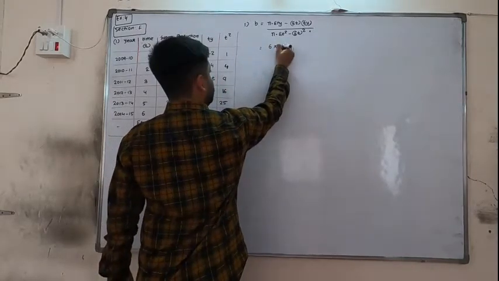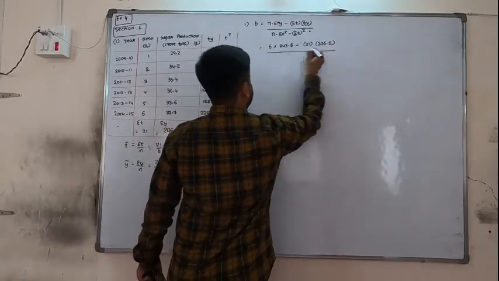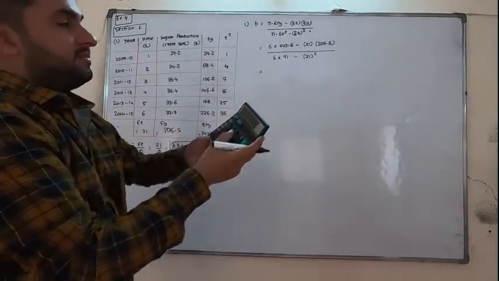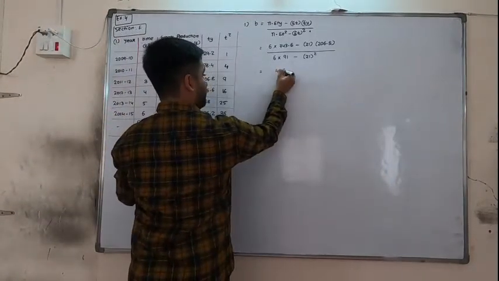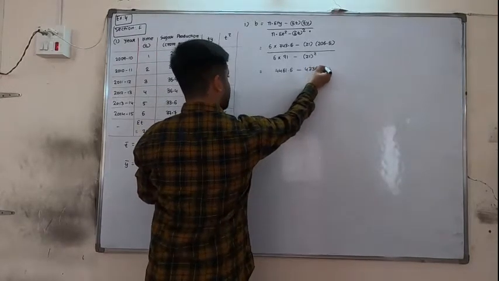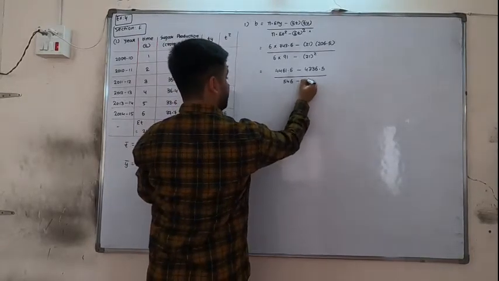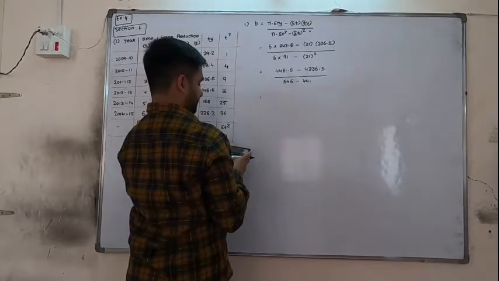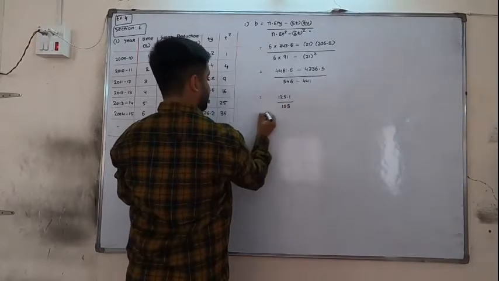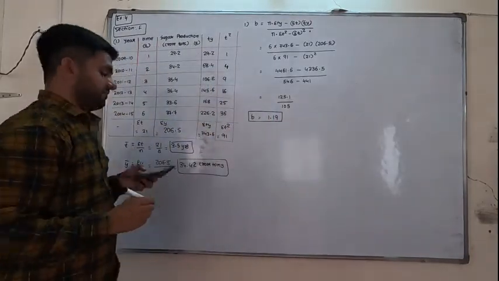N is 6, sigma ty is 743.6, sigma t is 21, sigma y is 206.5, sigma t square is 91, and sigma t whole square is 21 whole square. 743.6 multiply 6 is 4461.6, minus 21 into 206.5 which is 4336.5, divided by 91 into 6 which is 546, minus 21 square which is 441. 4461.6 minus 4336.5 is 125.1, divided by 546 minus 441, which is 105. 125.1 divided by 105 is 1.19. B is equal to 1.19.